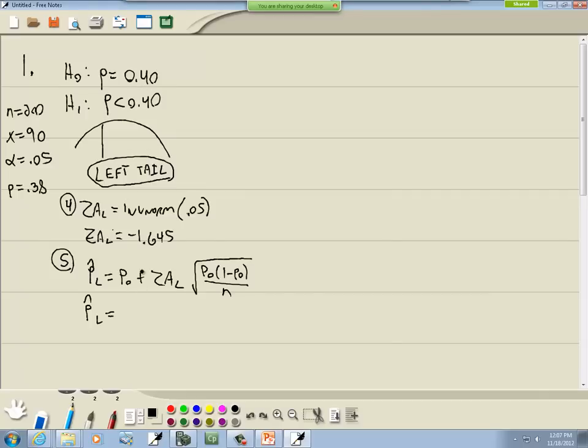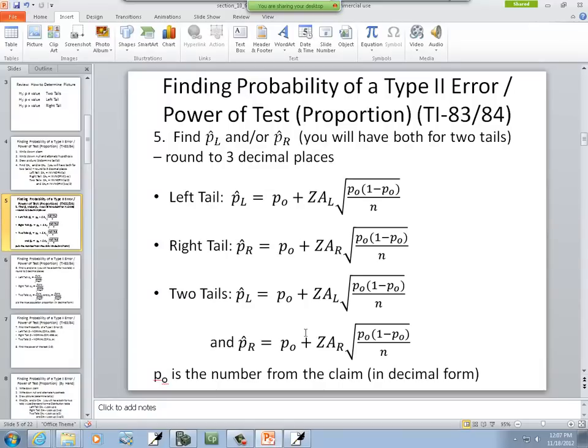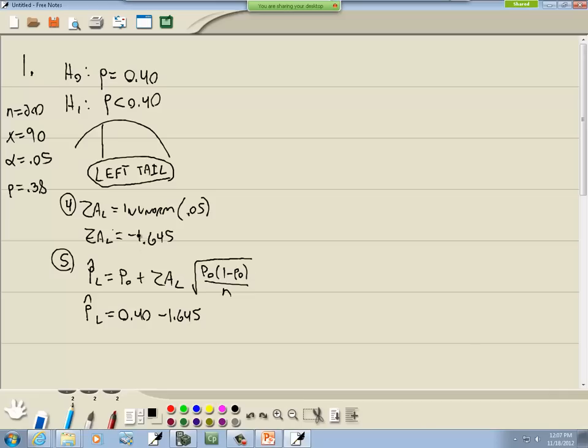So P naught will be the 0.40 minus 1.645. The reason why I don't like pluses and minuses on these is because it's already decided when you do INV norm, or if you look it up in a table, so you don't need to worry about that. It's automatic.